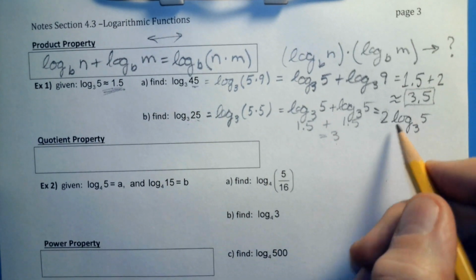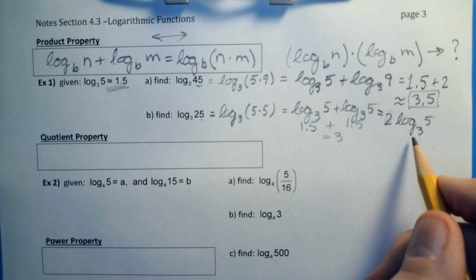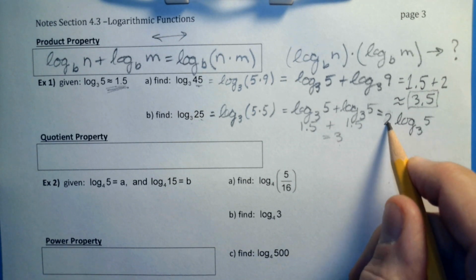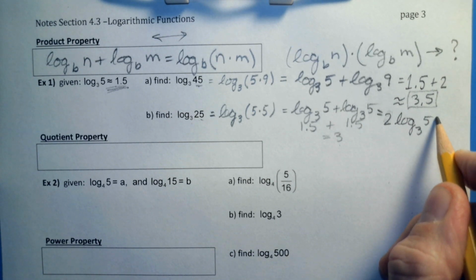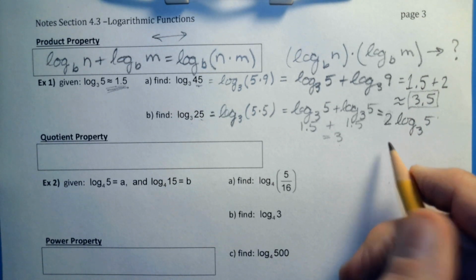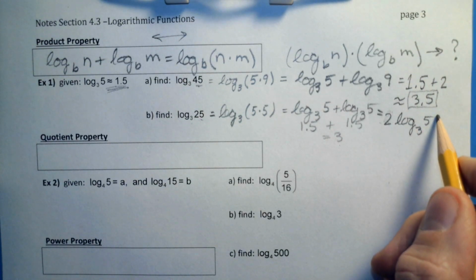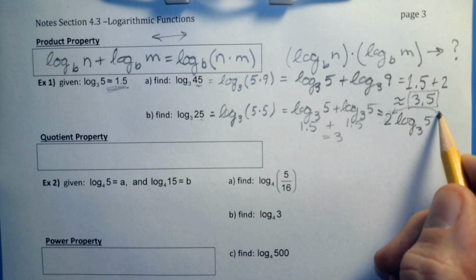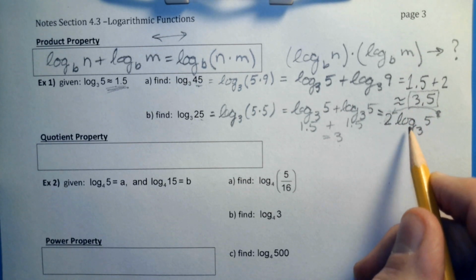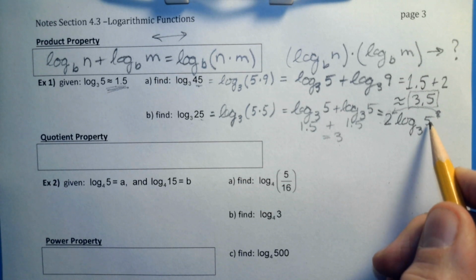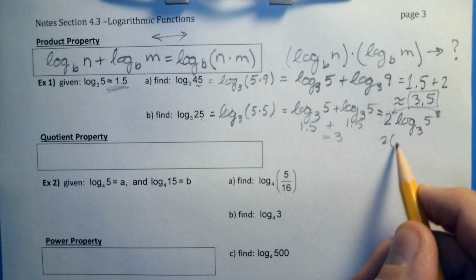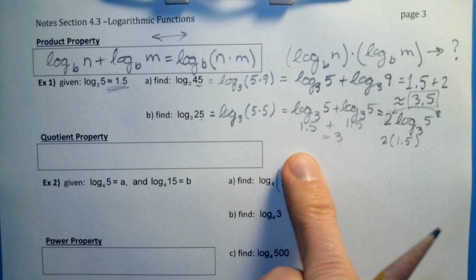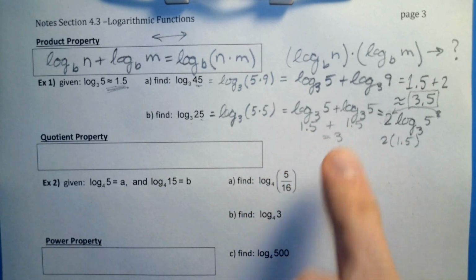All right, but here we could take this a step further and look at our power rule. This 2 could go up here. So I could take that 2 and bring it down in front using my power rule. And so it's 2 times log base 3 of 5. So 2 times 1.5, which is the same as 2 1.5s added up.